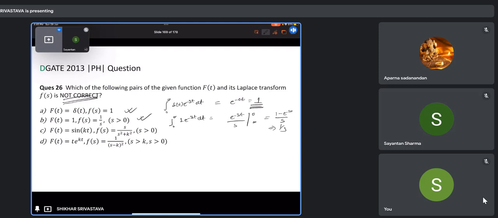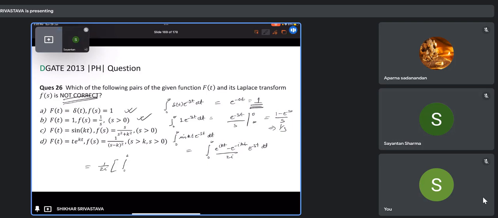When you solve for the third option, sine of kt exponential minus st dt, you just convert it into the exponential form, and then you just solve it.